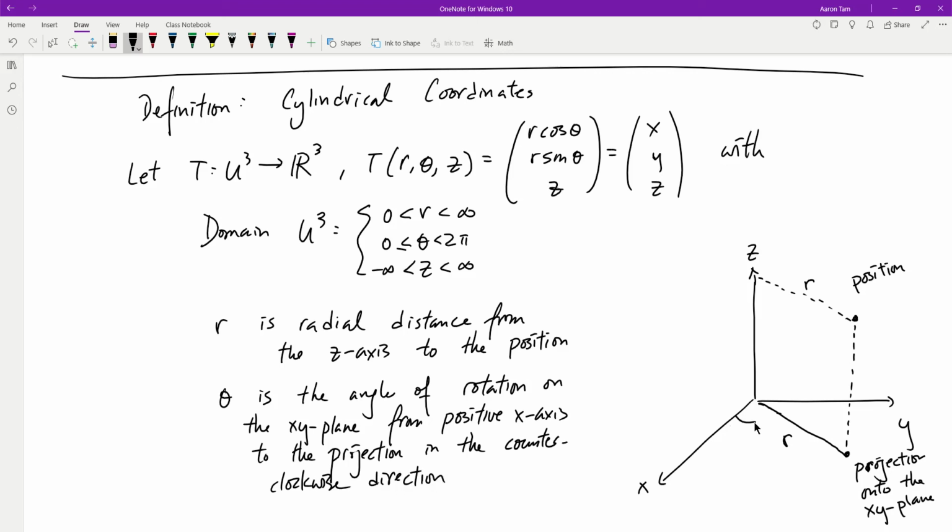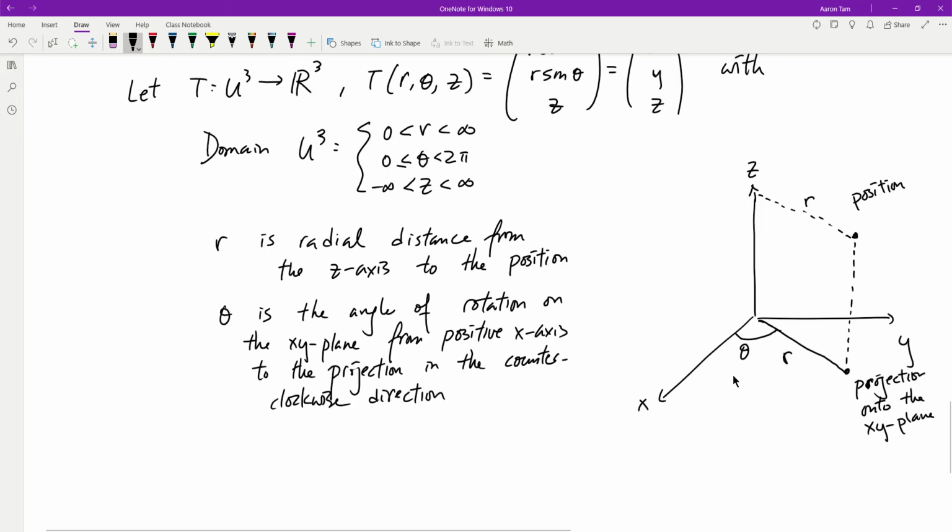And guess what? Theta is defined the same way as theta in polar coordinates. As a matter of fact, if you simply use these two things alone, you can define the projection right here to be (r cosine theta, r sine theta, 0), which is basically just the polar coordinates of the projection on the xy plane.